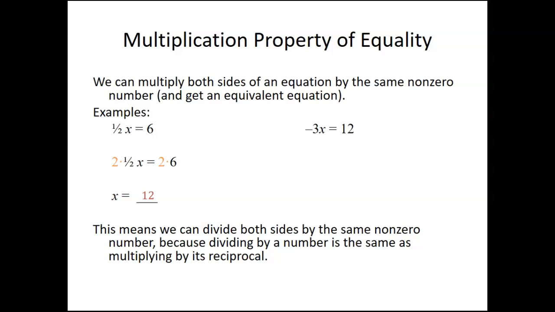Because dividing both sides by the same number is really equivalent to multiplying by the reciprocal of that number. So to solve negative 3x equals 12, to get from negative 3x to just x, you could think, well, we could multiply by negative 1/3, or you could just think we could divide by negative 3. And of course, if we do that, we get x equals negative 4.